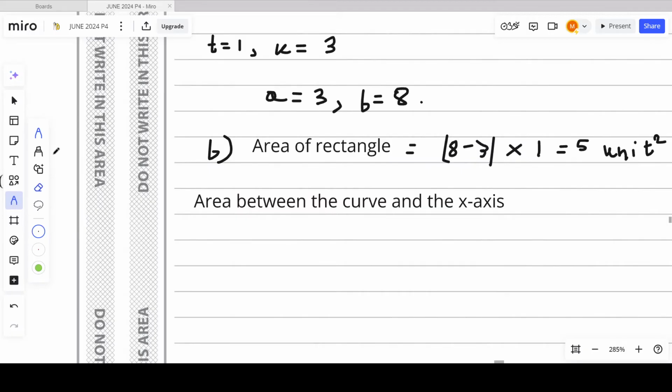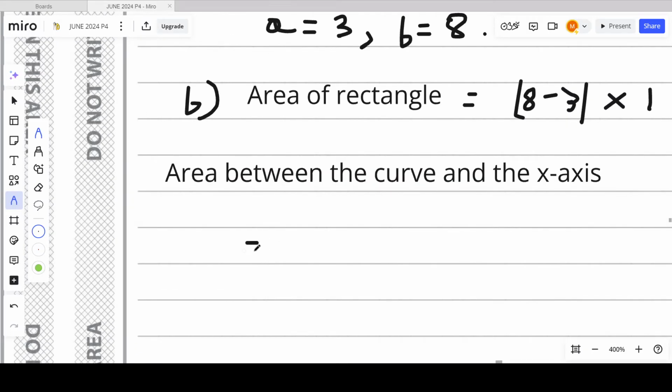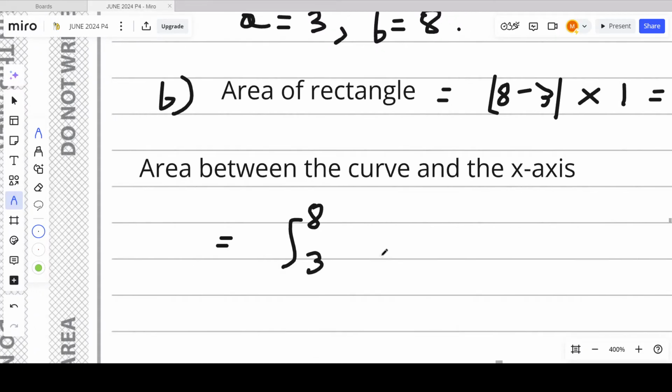Area between the curve and the x-axis. This is integration. How would we integrate? We will integrate from B, which is 8, to A, which is 3. Which equation will we integrate? The equation y, y dx.